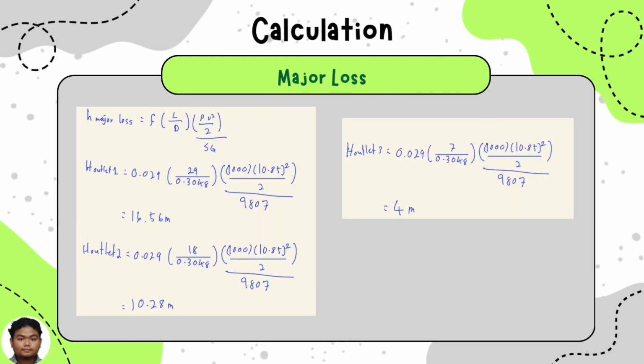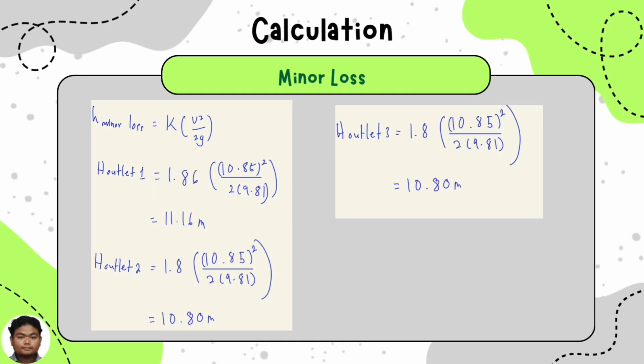Alright, now to find the major loss, we use the equation major loss equals f L over diameter times V squared over 2g. We put in the information we got, and for outlet 1 we get 16.56, for outlet 2 we get 10.28, and for outlet 3 we get 4.